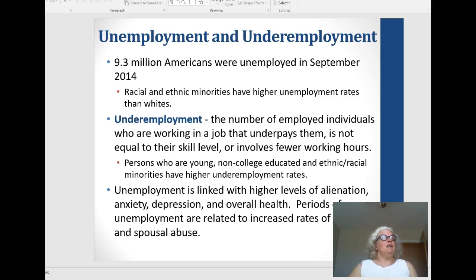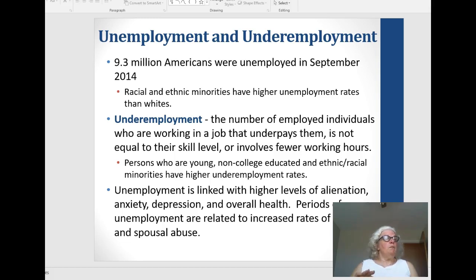We have a significant number of people that are underemployed, so that they've had the skills, they've taken higher levels of college education and cannot find the job that fits what they've studied for. So we see this higher link of underemployment.